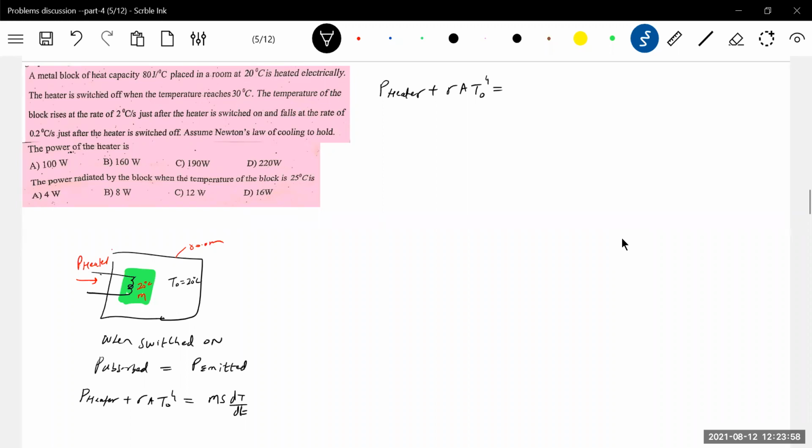After this, heat capacity we know, so I'll call it C, and write C into dT by dt. We also know dT by dt is 2 degrees Celsius per second.